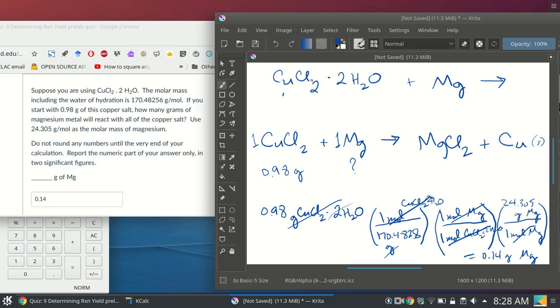You already have the knowledge to write a chemical equation and now calculate as a prediction how much stuff you're going to need. Using this same technique, you can calculate how much of this product you're going to make. You can calculate the quantity of anything in this chemical equation just by starting with one thing. Very cool, right?